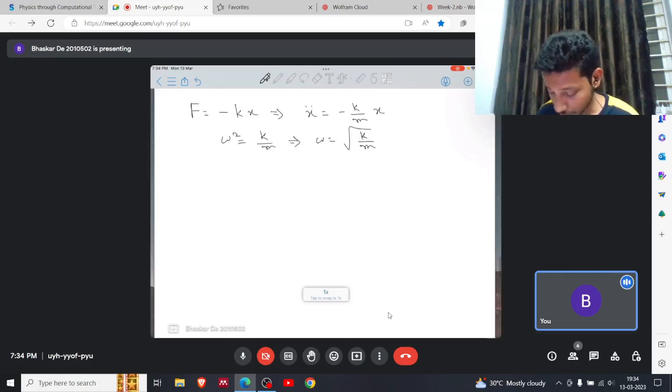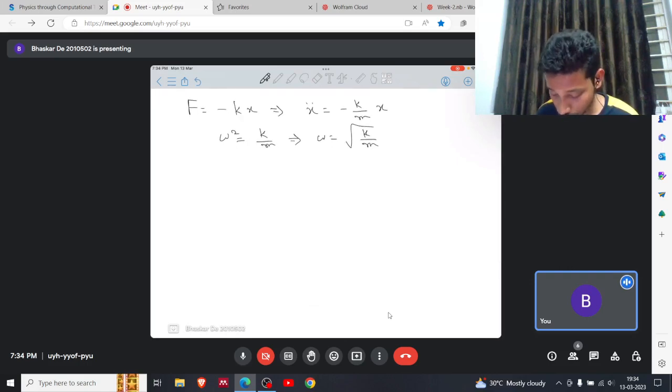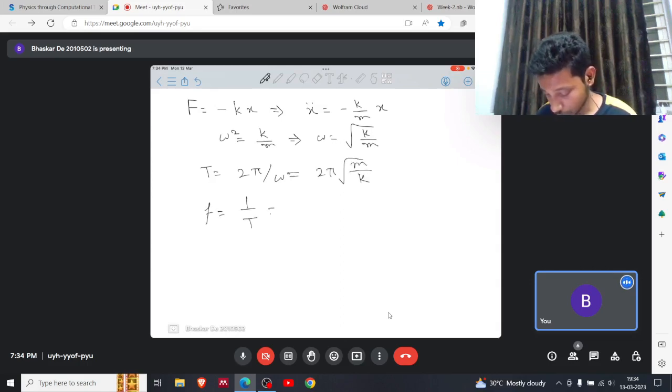So now T equals 2 pi by omega, which gives you 2 pi root over m by k, and frequency is 1 by T, so it is 1 over 2 pi root over k by m.